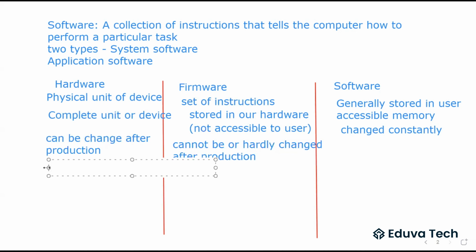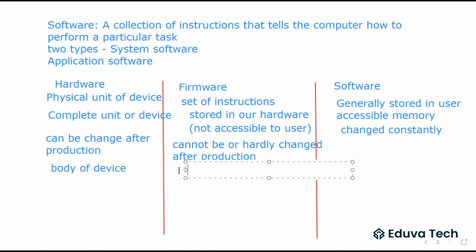Next, hardware is the body of the device, just like the body of our phone or laptop. And firmware is the heart of our device. Just like with RAM, the firmware is installed before. Without firmware, the RAM cannot work correctly, so it is the heart of the device.